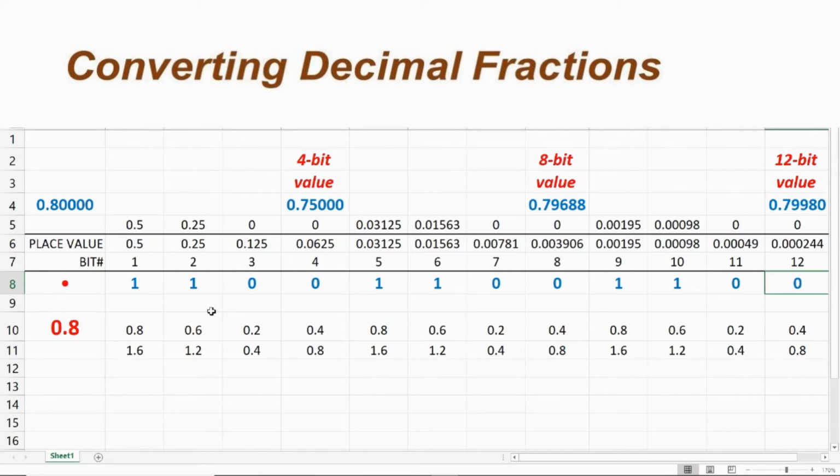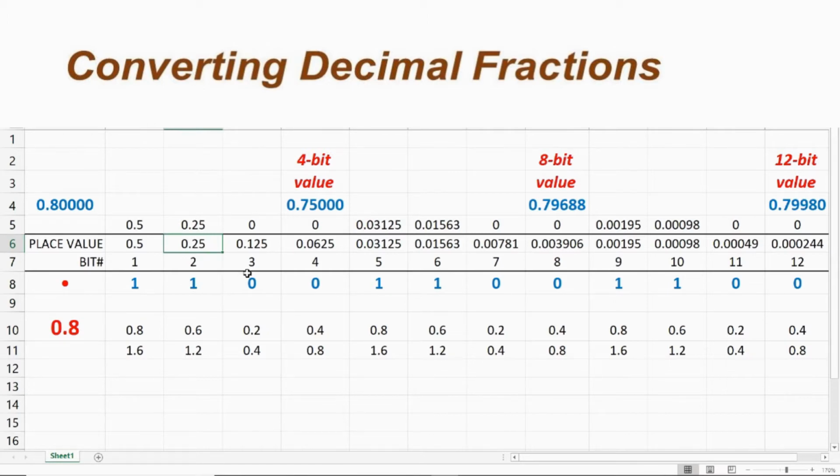For each of these bits, this is bit number 1 after the decimal point, bit number 2 after the point is here, 3, 4, 5. I have shown you the first 12 bits; this continues after that. What is the place value of bit number 1? The place value of bit number 1 is 2 raised to power minus 1, which is 1 by 2, which is 0.5. The place value of the second bit is 2 raised to power minus 2, that is 1 by 4, that is 0.25.